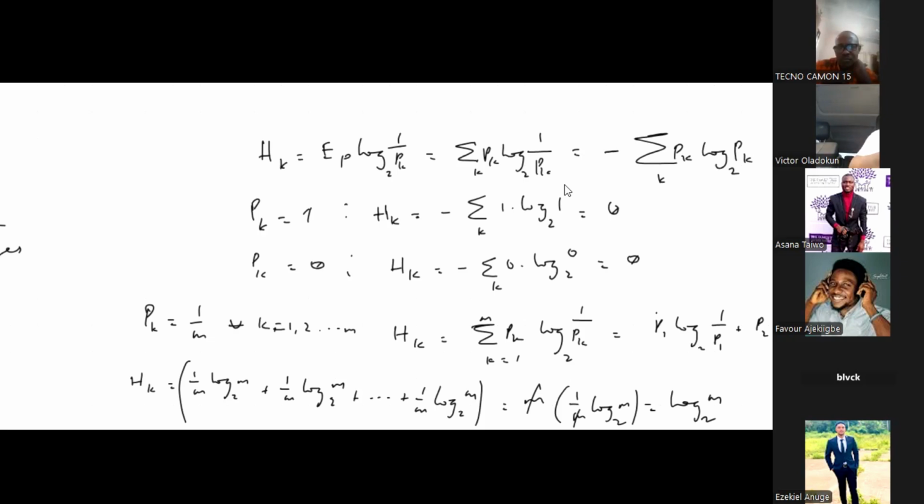Now, they are all equally likely, right? If you observe this, it is the same as this, right? And it is the same as this. So it means that I have one coin plus another coin plus another coin plus another coin.